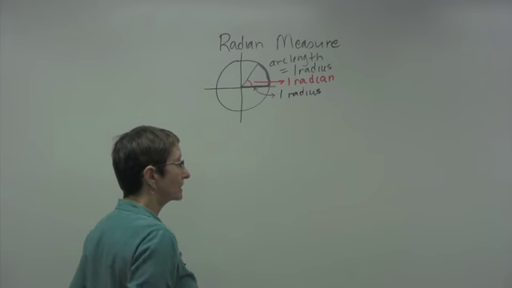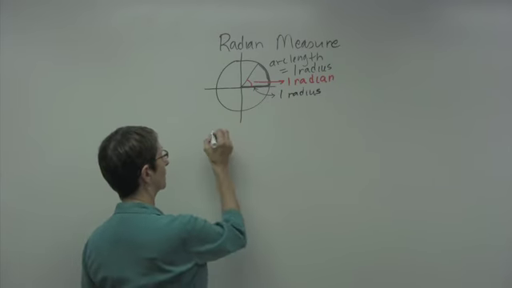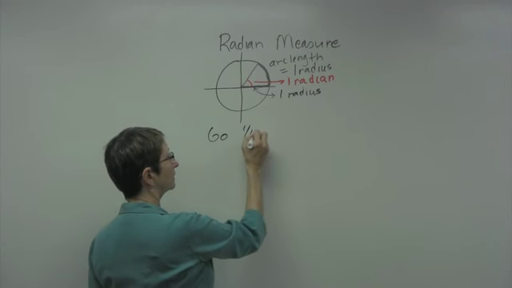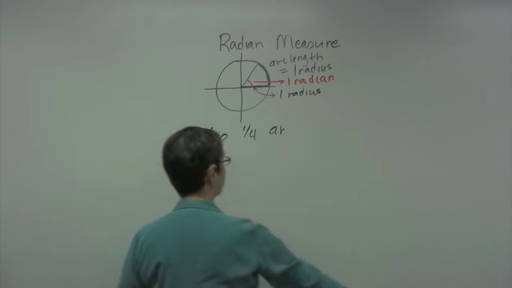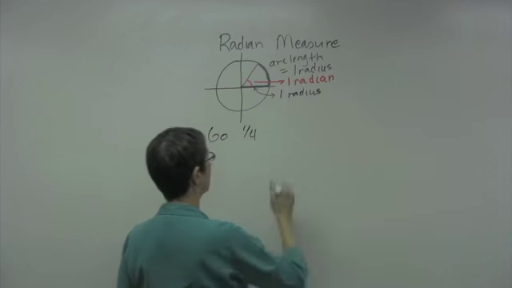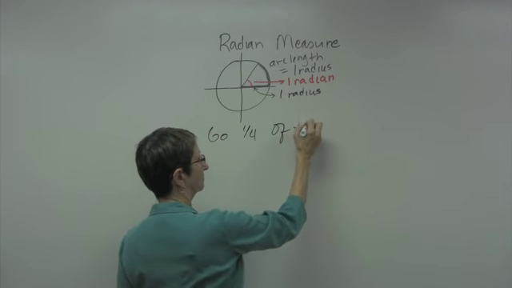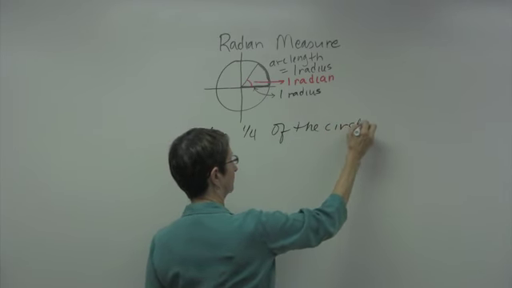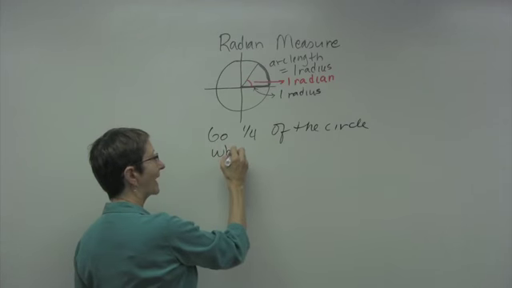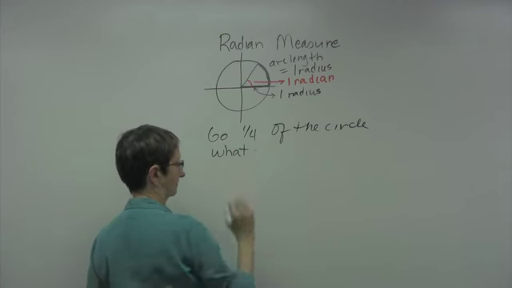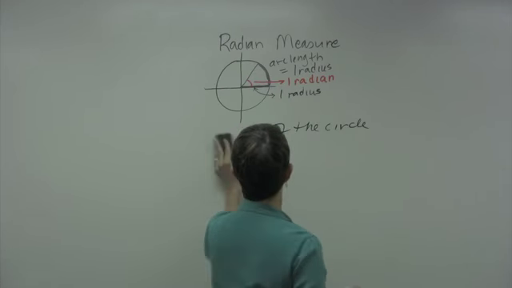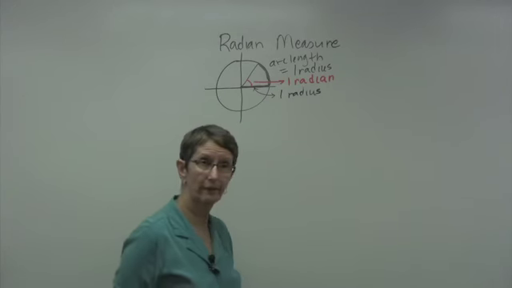So suppose that I want to go 1/4 around the circle. What is the angle in radians? Let me back up a little bit first. I need to talk about going all the way around the circle.